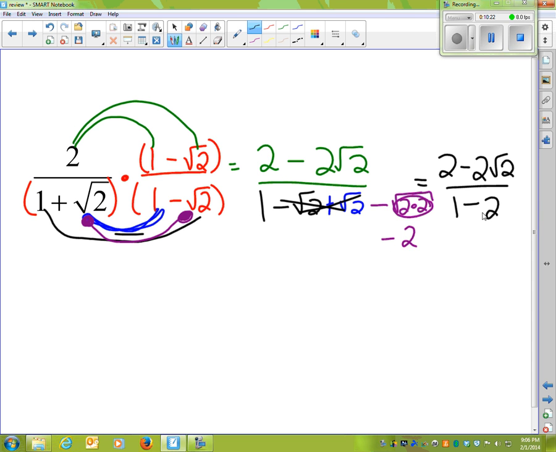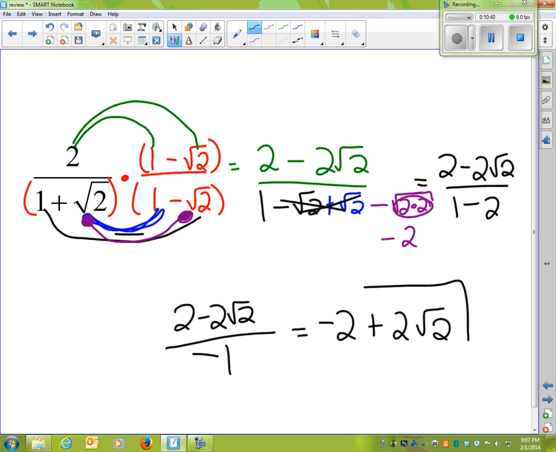And 1 minus 2 is negative 1. So 2 minus 2 radical 2 over negative 1. Let's go ahead and divide. 2 by negative 1 is negative 2. And negative 2 over negative 1 is positive. And that is your final answer.